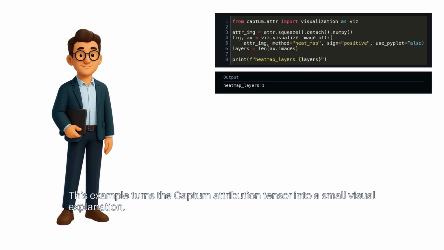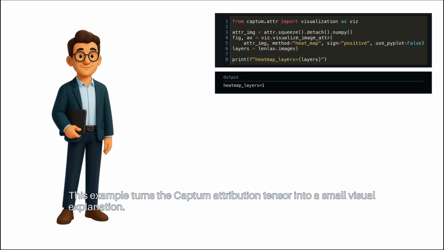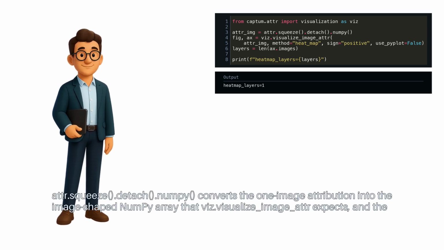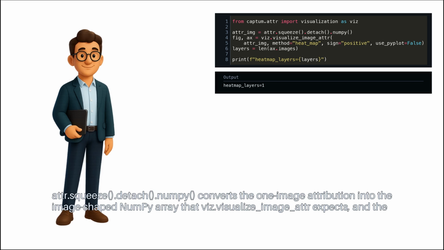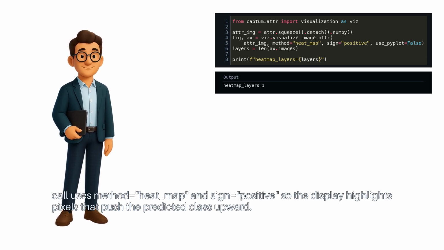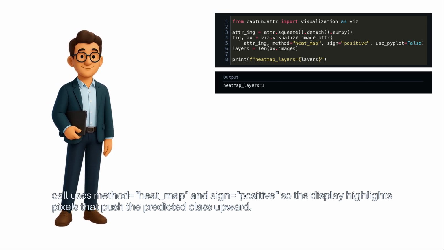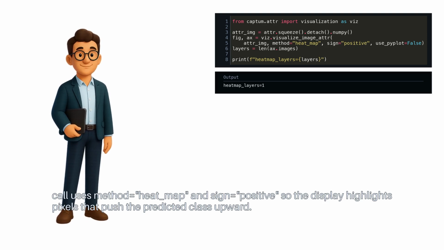This example turns the Captum attribution tensor into a small visual explanation. attr.squeeze().detach().numpy() converts the one image attribution into the image-shaped numpy array that viz.visualize_image_attr expects, and the call uses method heat_map and sign positive, so the display highlights pixels that push the predicted class upward.